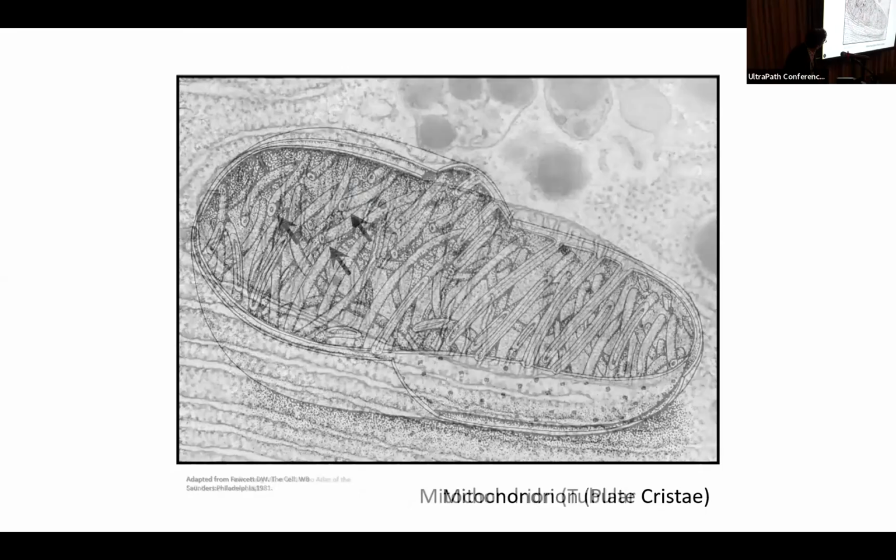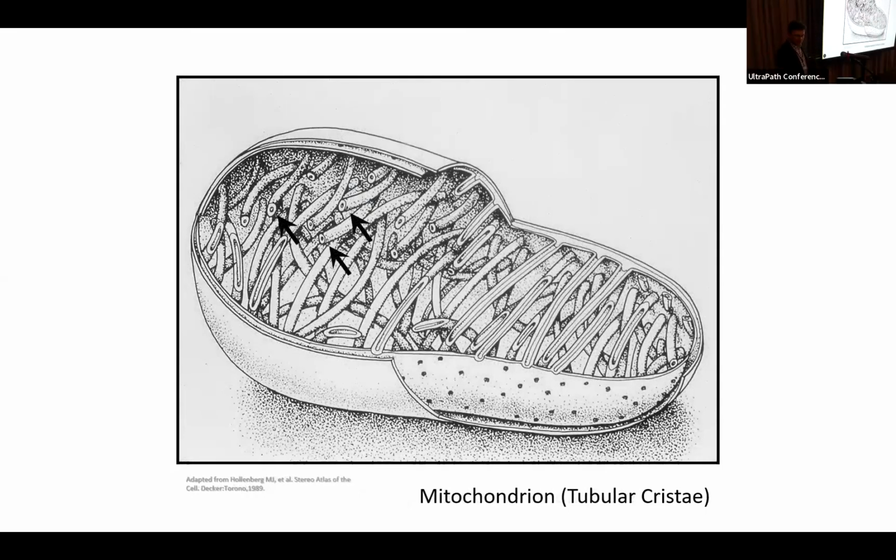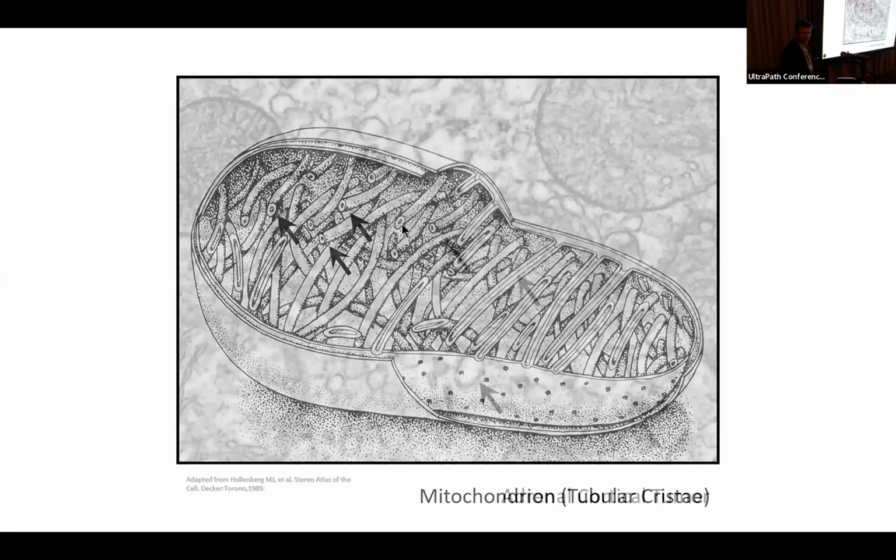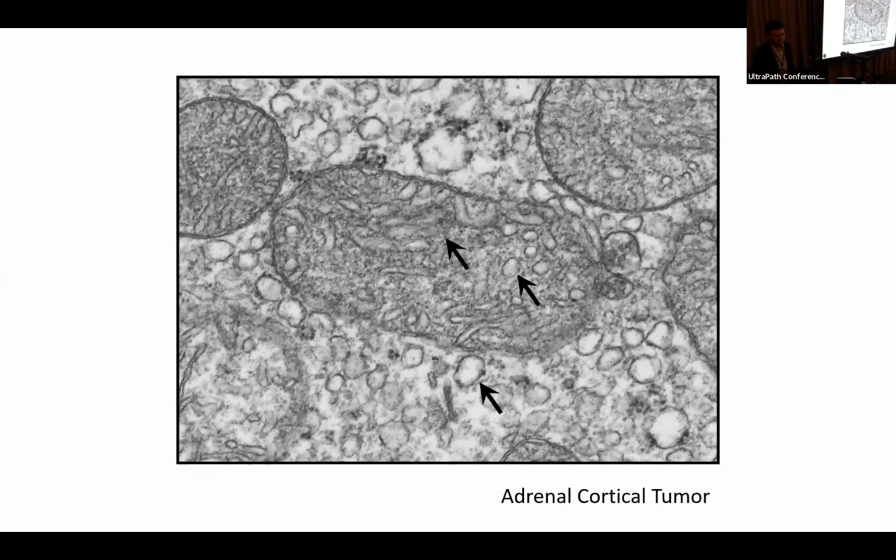Because if it were actually tubular cristae, then what you'd expect to see also in cross-section would be circular profiles.